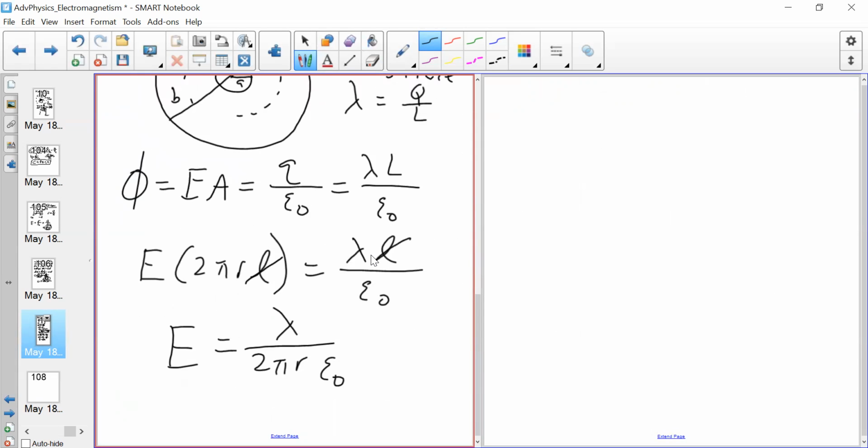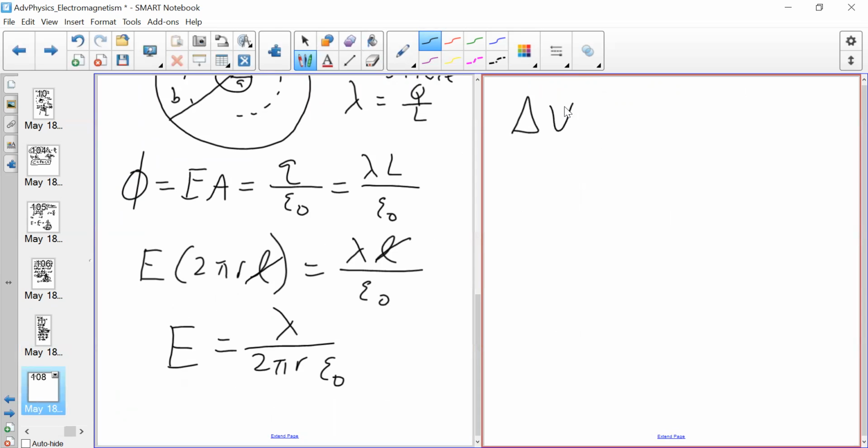Okay, so now take this electric field expression. Delta V is equal to negative integral of E dot ds.